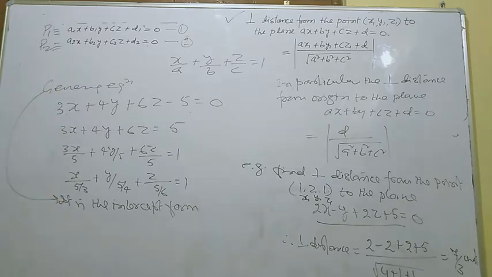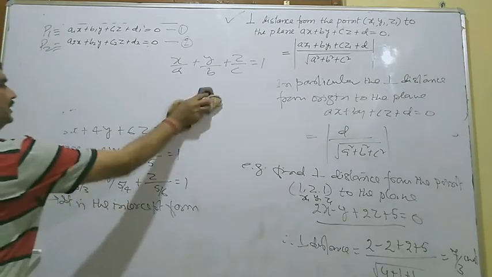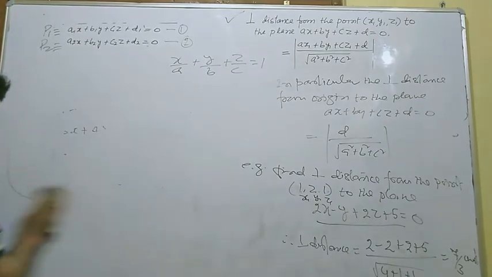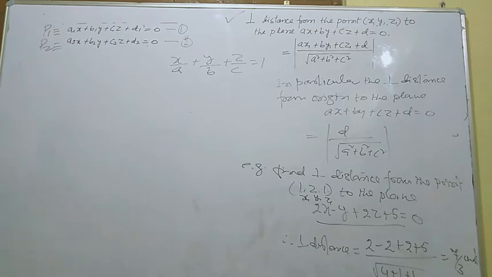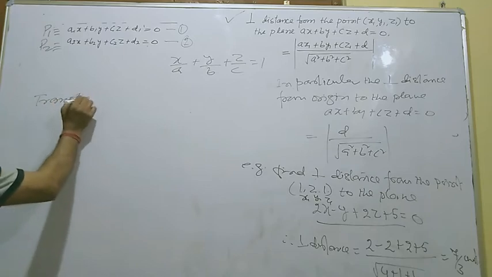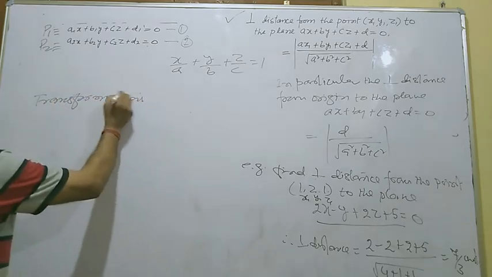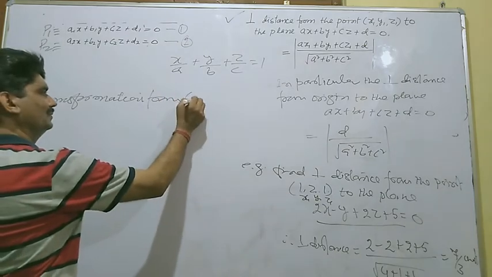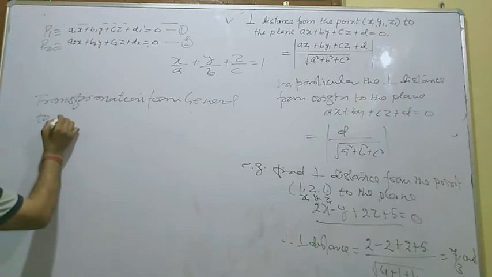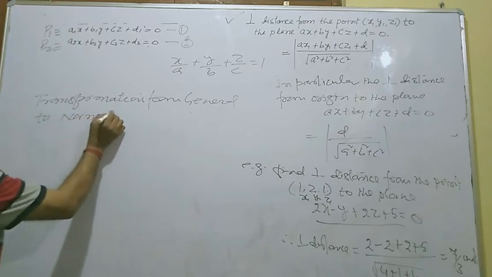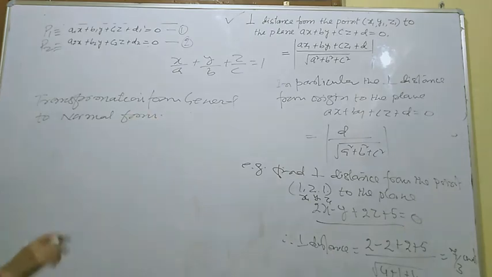The normal form is also clear to everybody, that is the normal equation of the plane. We discuss it under the heading transformation from general to normal form. It is also very simple.